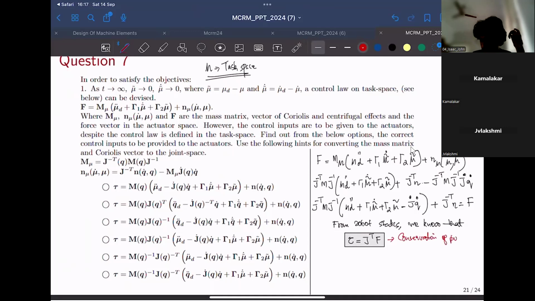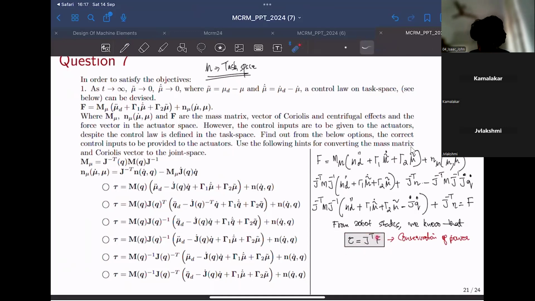I believe we have discussed this during week 3 or week 4. If you equate the power in task space to the power in joint space, you will end up with this equation.